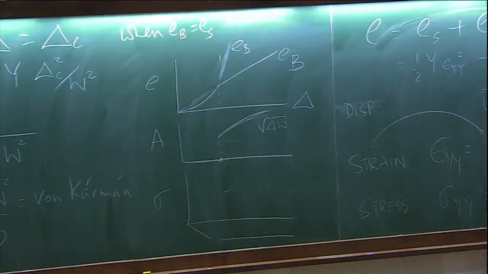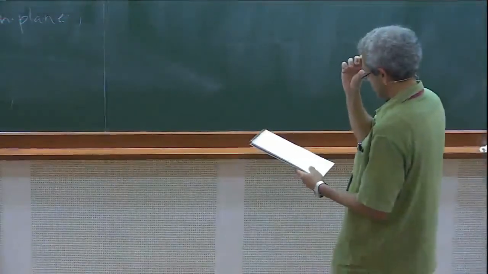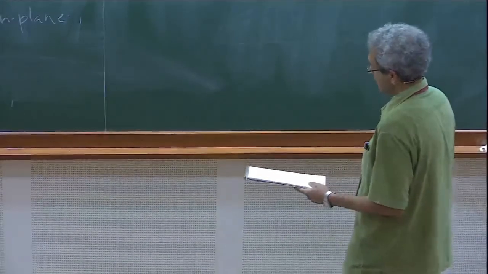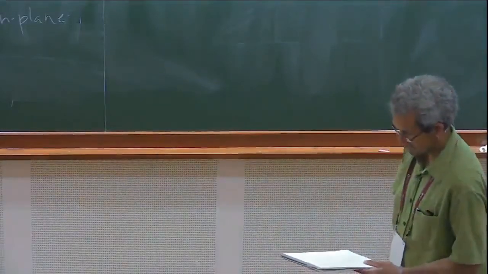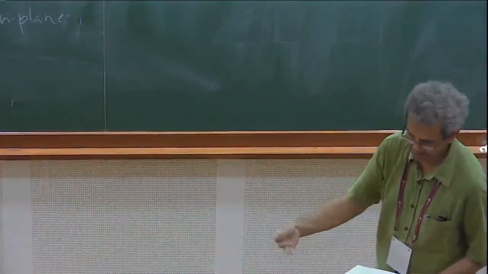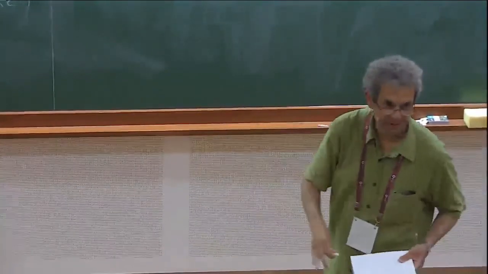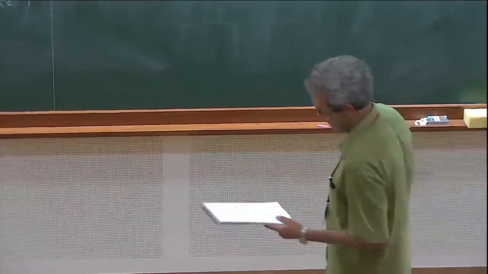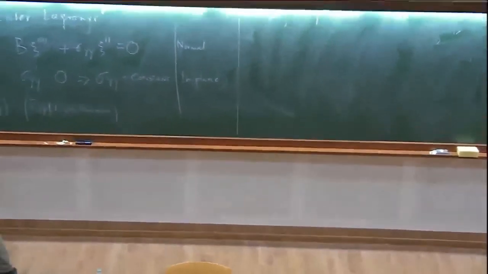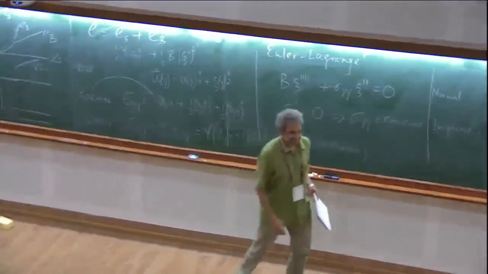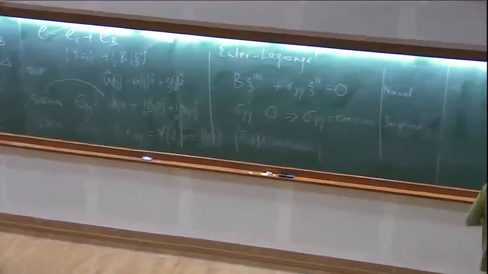We start off by saying we know what the stress is in the planar case, and we know what the displacement is in the planar case. And then let's try and work for small amplitude. Let's say the out of plane thing has a small amplitude, and presumably the amplitude is small when it first goes.